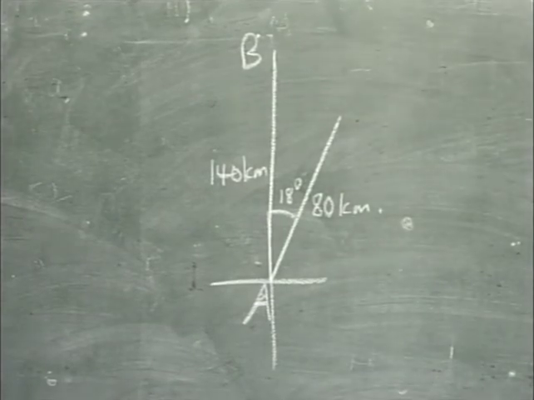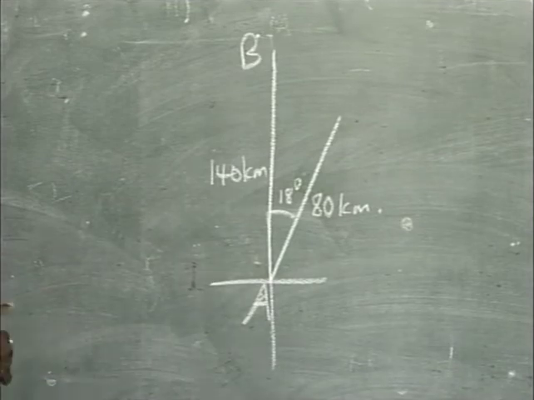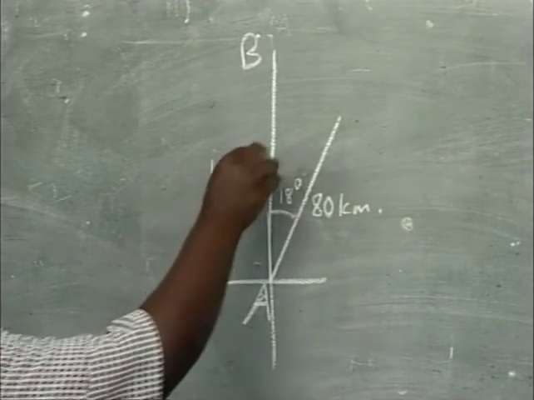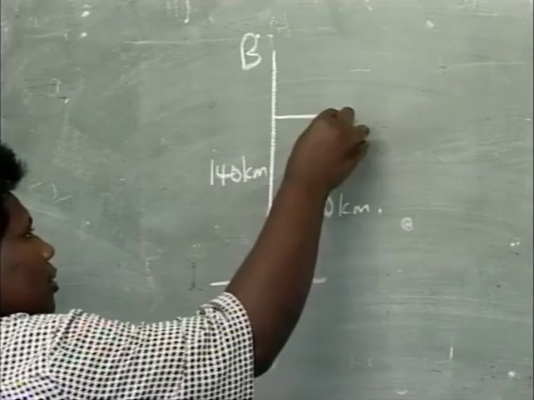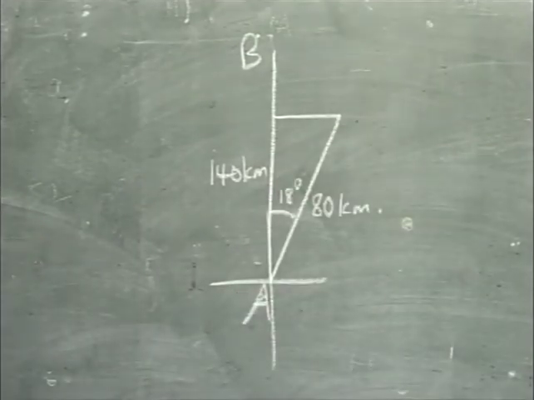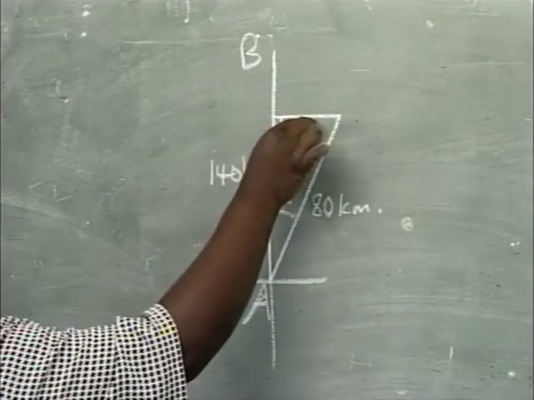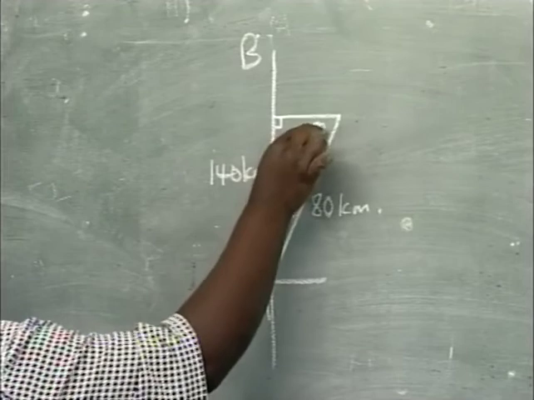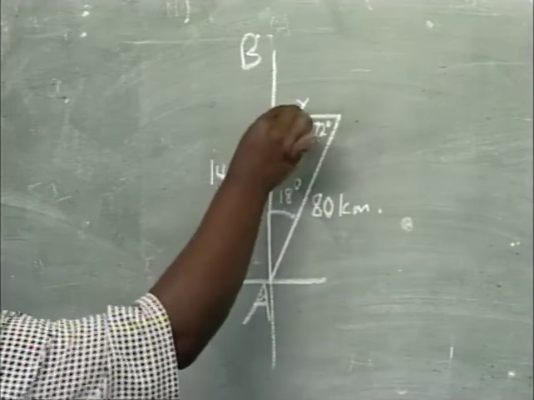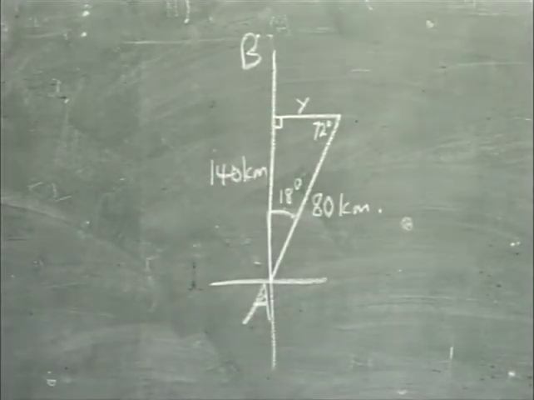You are then asked to calculate how far the aircraft is from the line AB, not from B, from the line AB. So it will have to be the shortest distance, which is the perpendicular distance from the line AB. If this is 18 degrees, this is 72 degrees. So you have to find Y.